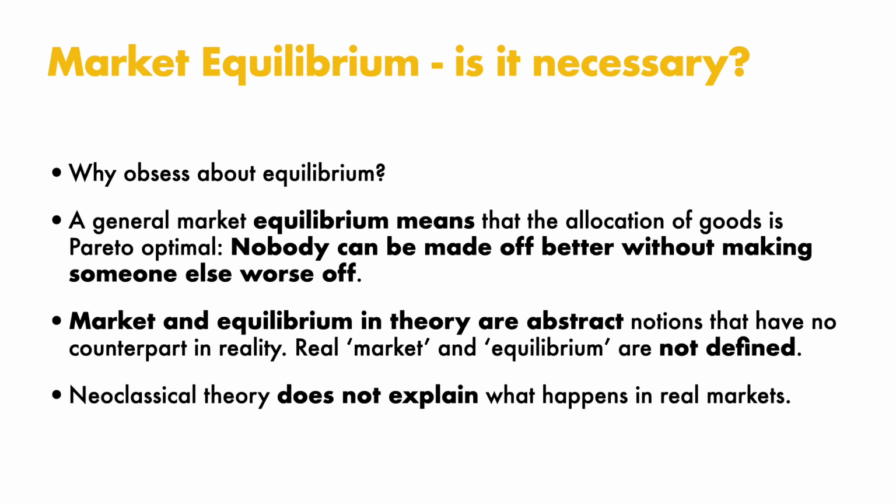But when you try to apply them in reality, you realize that the theory is not actually applicable. Mainstream economists effectively argue by analogy: because it is true in theory, it is true in reality. The problem is that the theoretical concepts of market and equilibrium have no easily recognizable or definable counterpart in reality.